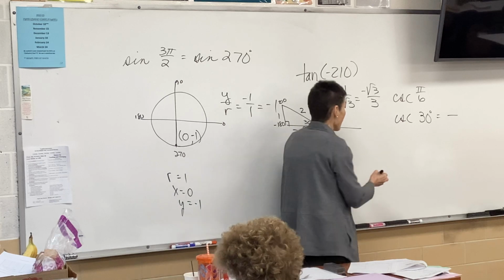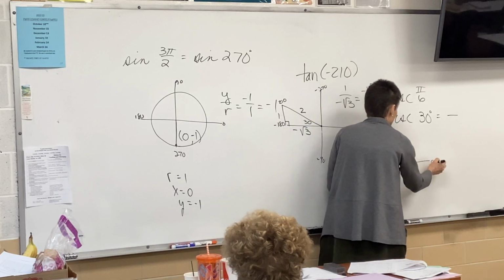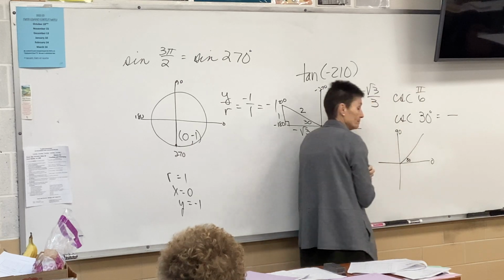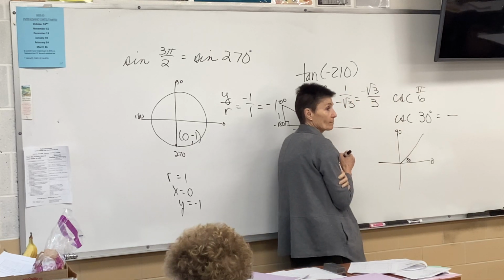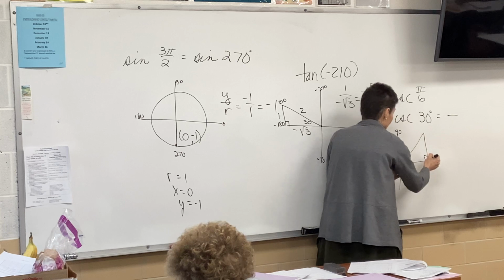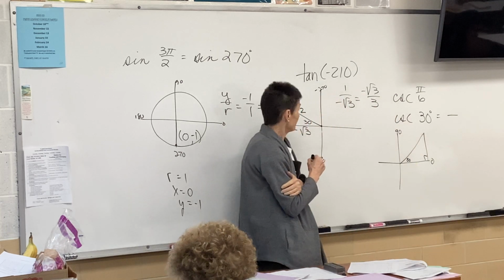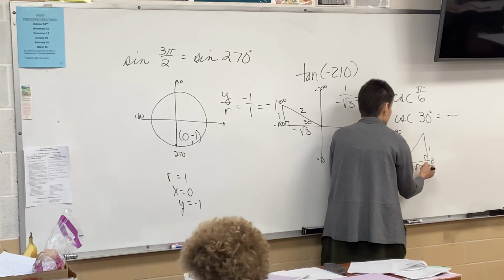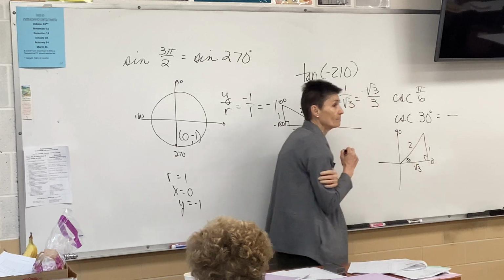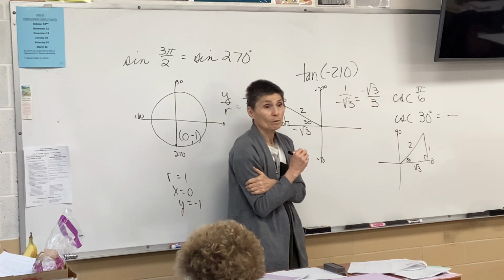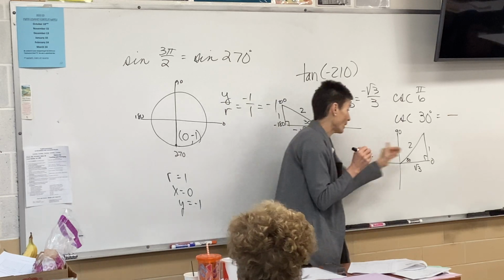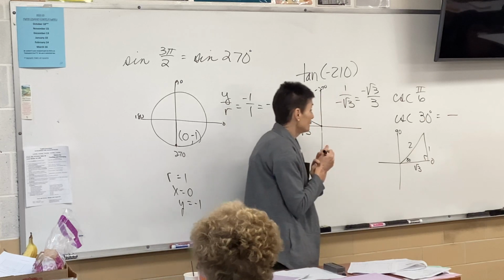So we draw 30 degrees. There's 0, there's 90, here's 30. Right there. Drop that perpendicular down. Same triangle we had over here, except this time, is anything negative? Nope, because we're in quadrant 1, and in quadrant 1 everything is positive, right and up.